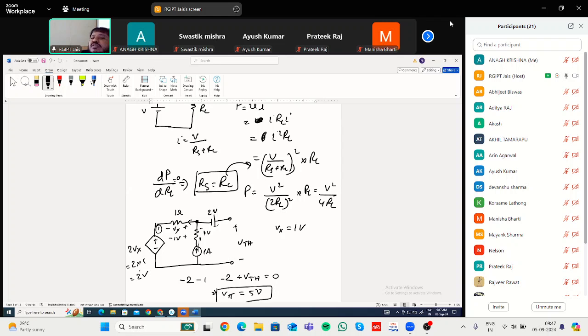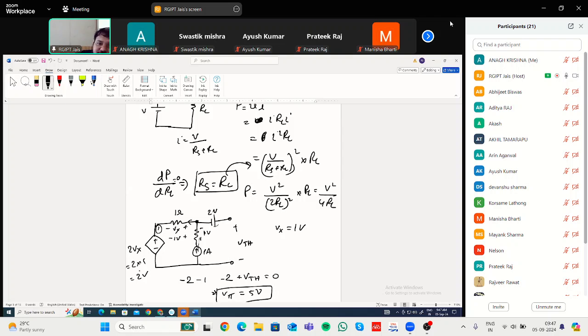But which voltage will you take, the voltage across this branch or this branch? That you have to consider. Again, you know that parallel connection of voltage sources is not possible. So that's why you have to consider the outer loop. If you apply KVL in the outer loop, then you will get the correct answer.